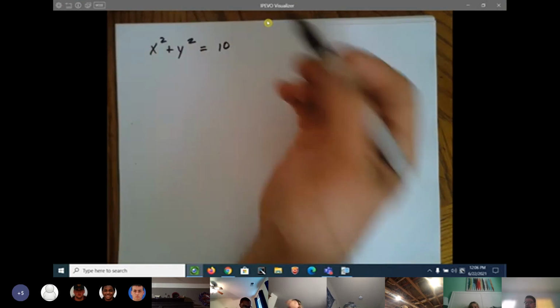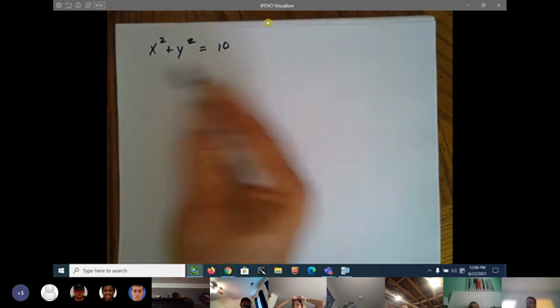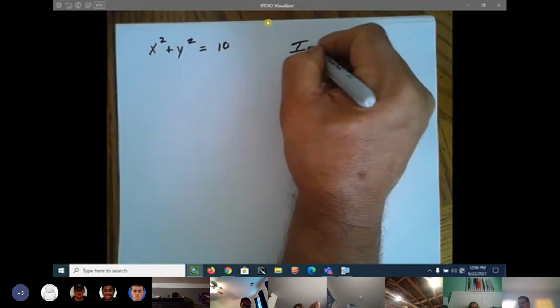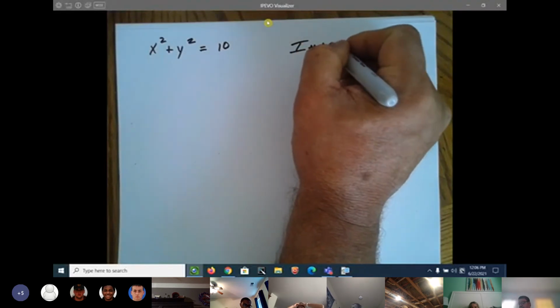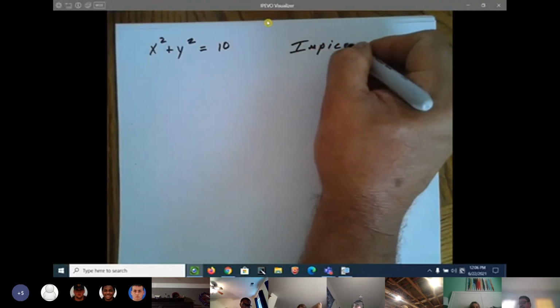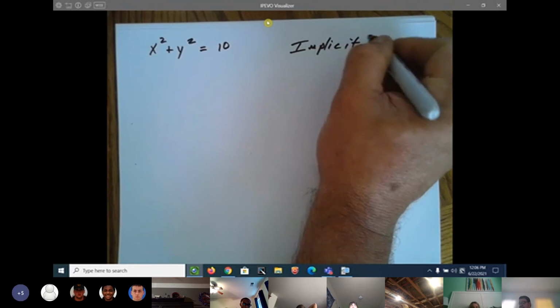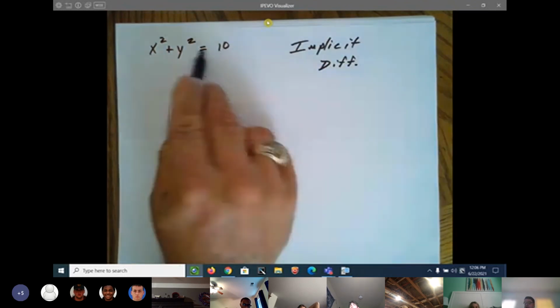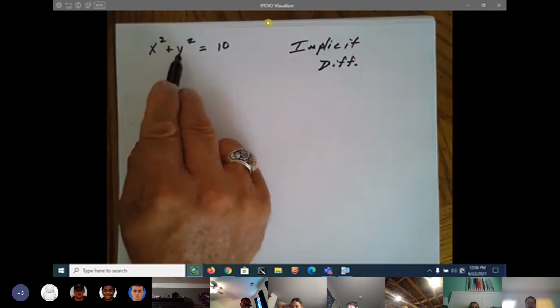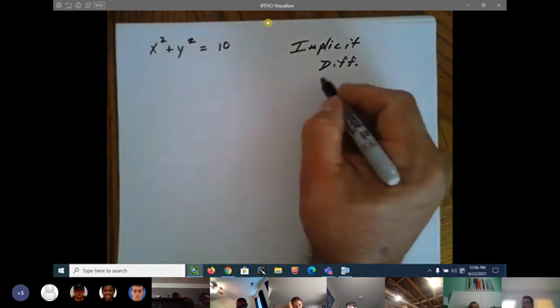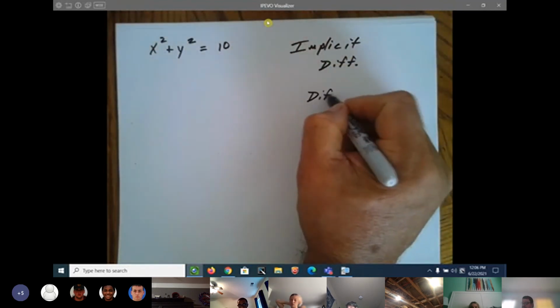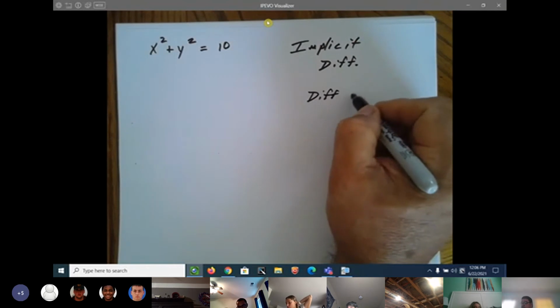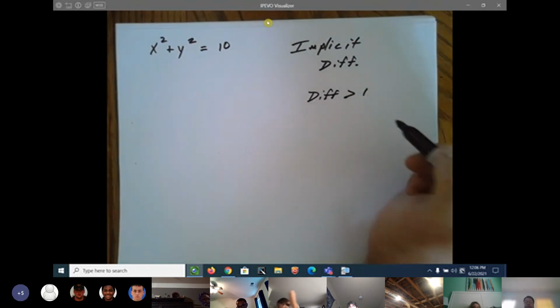10. Okay, now when we do implicit differentiation, you're not just doing it because you don't have anything equal to y. You're also doing it because you're differentiating more than one variable.